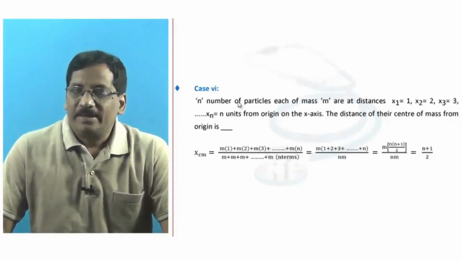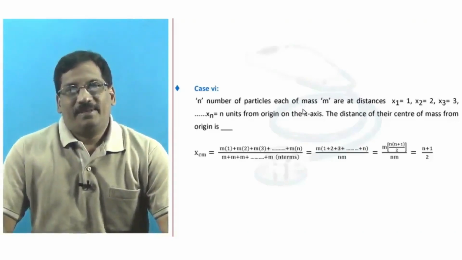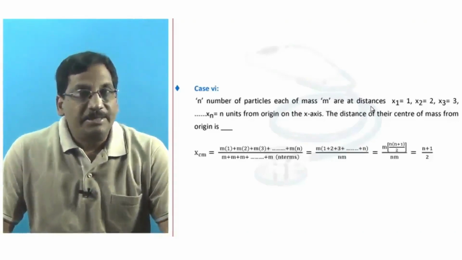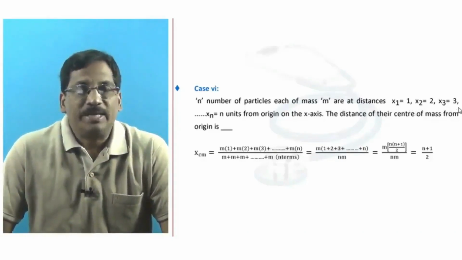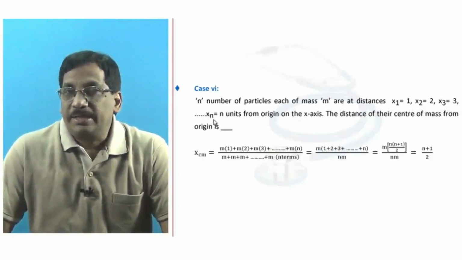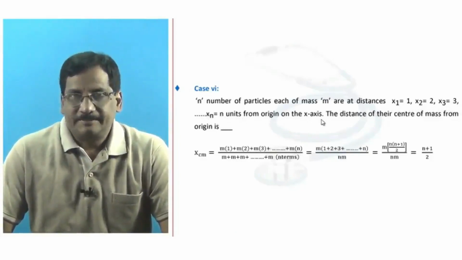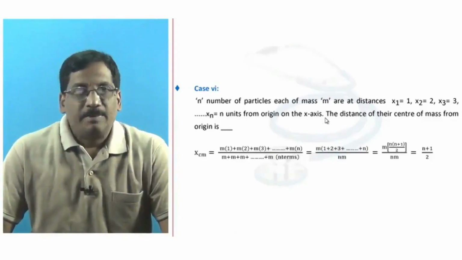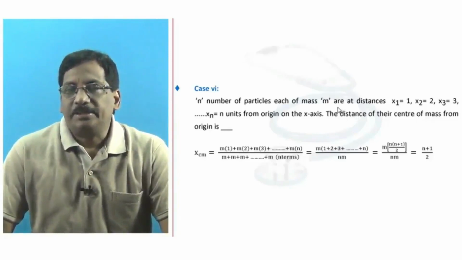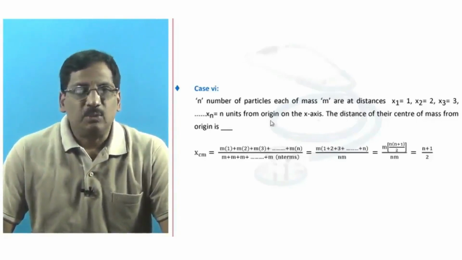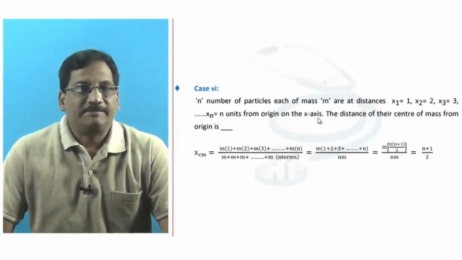Here case 6: n number of particles, each of mass m, are at distances x1 equal to 1, x2 equal to 2, x3 equal to 3, and so on, xn equal to n units from the origin on the x-axis. All particles are of the same mass, each m, and they are located at distances 1, 2, 3, and so on up to n units from the origin on the x-axis.